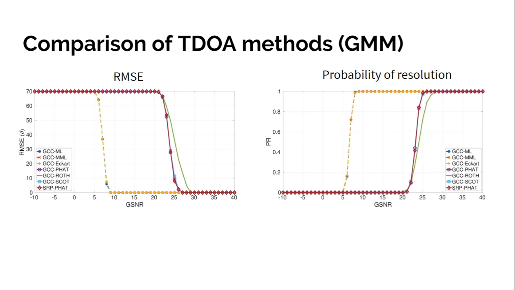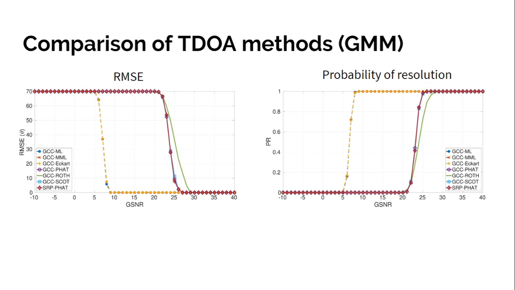It happens much quicker for all the methods, but as you can see here, there's actually some deterioration in the performance, because the descent or ascent in the PR just happens at a considerably higher GSNR.